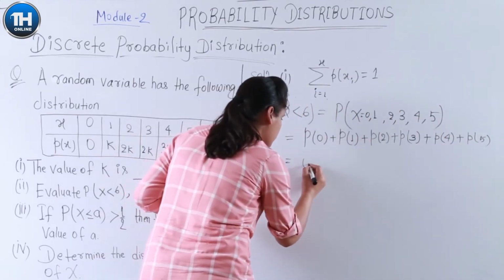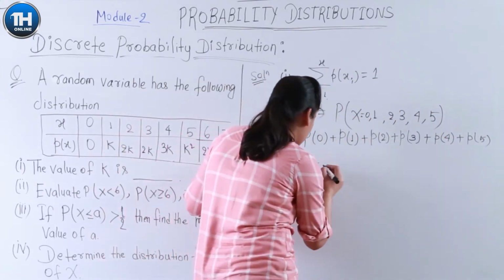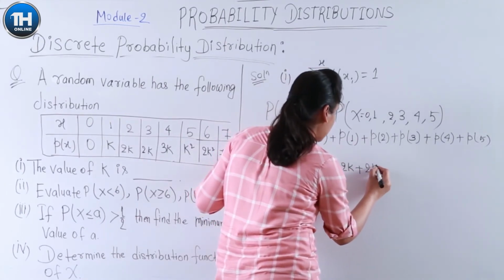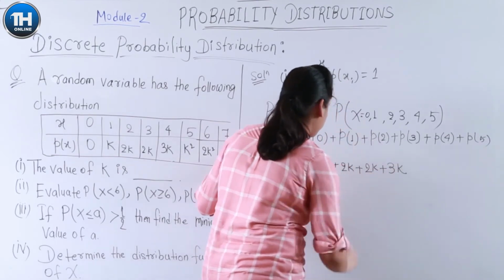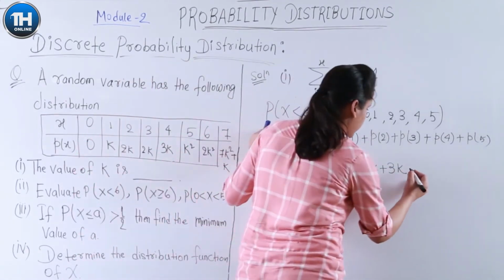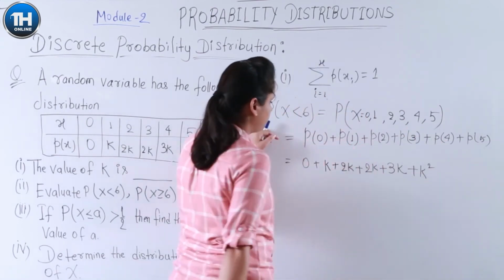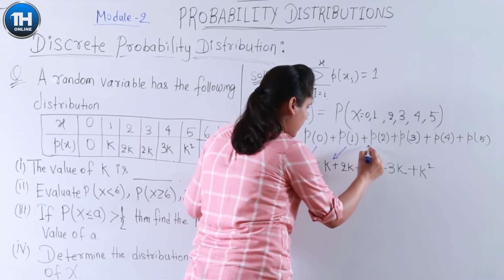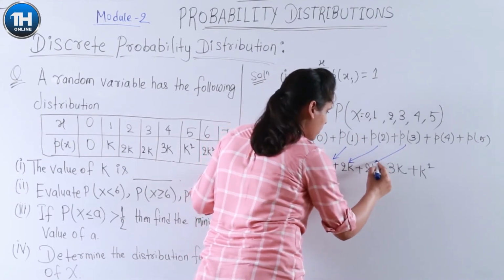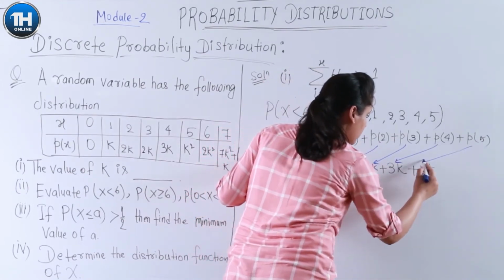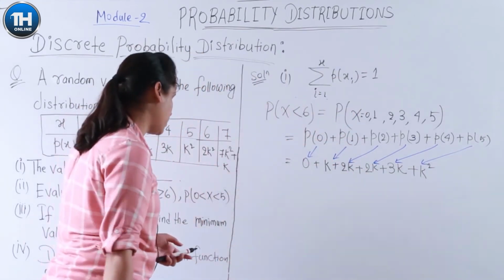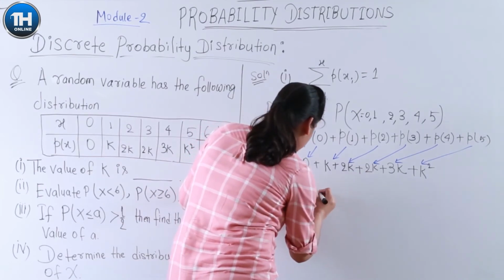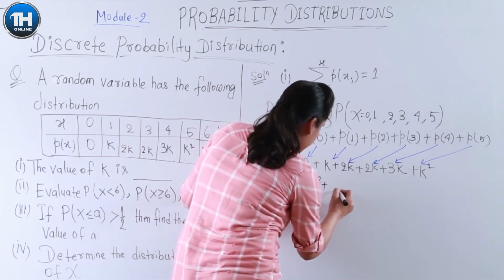We put the values: 0, k, 2k, 2k, 3k and k square. This came to be 8k square plus 8k.